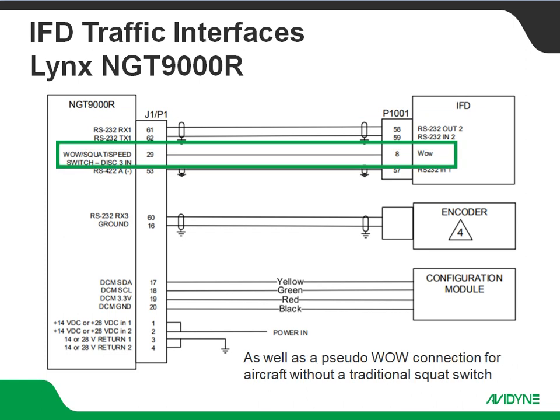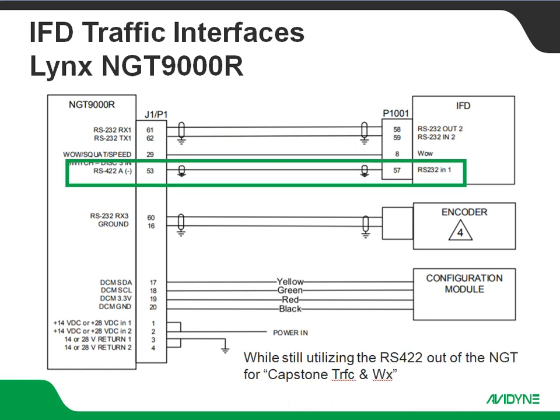We're also going to add a pseudo weight on wheels connection for any aircraft that doesn't have a traditional squat switch or a way to transition that. And you'll notice we're still using the RS-422 connection out of the NGT9000 to an RS-232 input on the IFD.